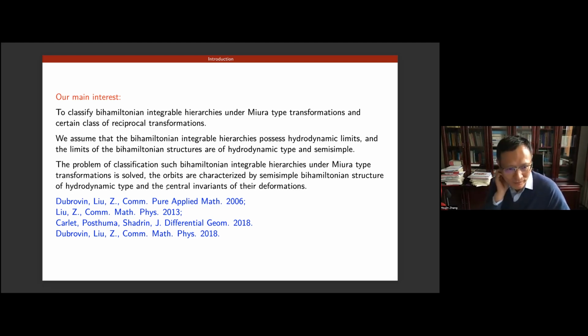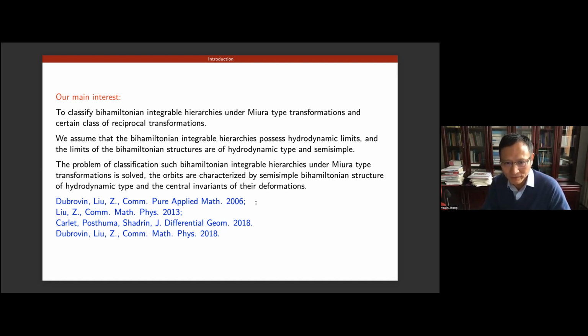These results were obtained by Dubrovin, Liu, and Zhang. In 2006 we classified this. The classification problem can be described as follows: we fix a certain leading term, a bihamiltonian hierarchy of hydrodynamic type with the semisimple condition, and we consider their deformations.